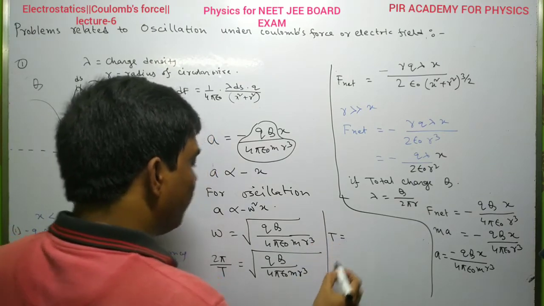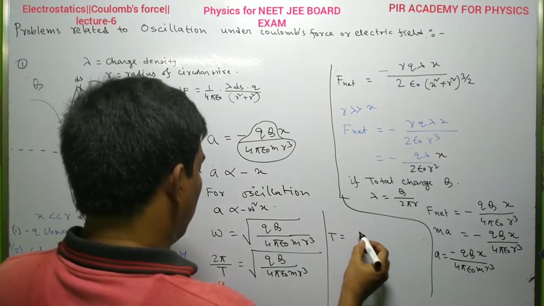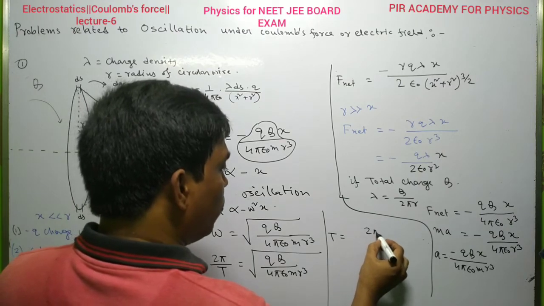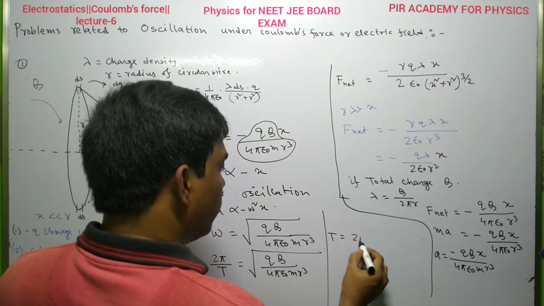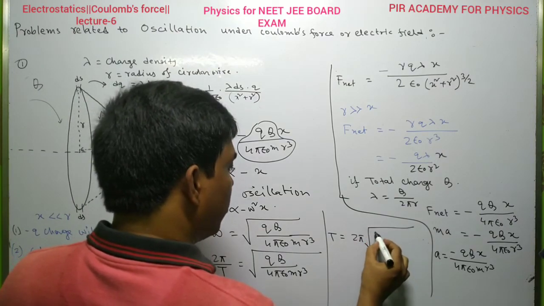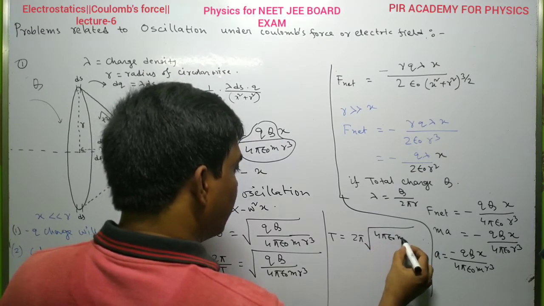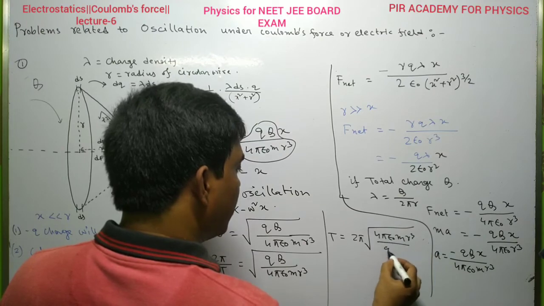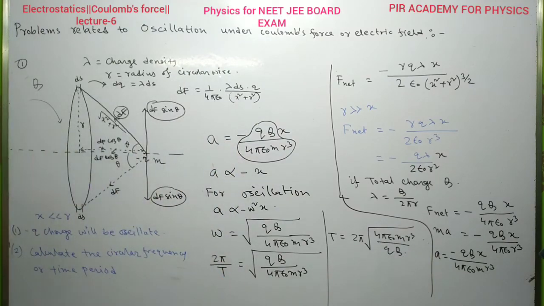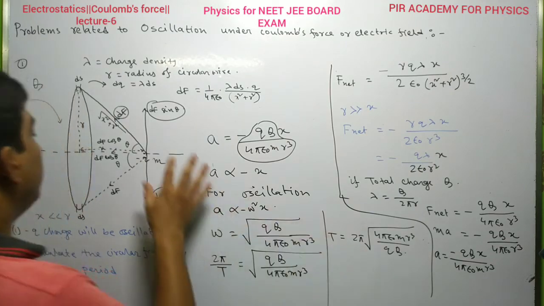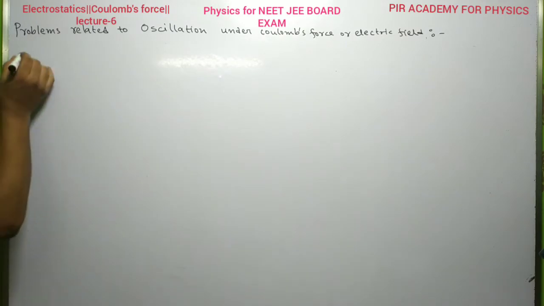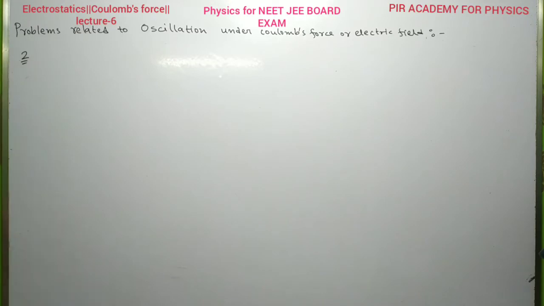T will be 2 pi root over 4 pi epsilon naught m r cube divided by q into q. This is the time period. Now what is the number 2? Condition number 1 is number 1.